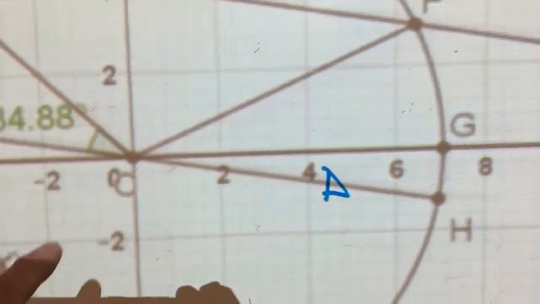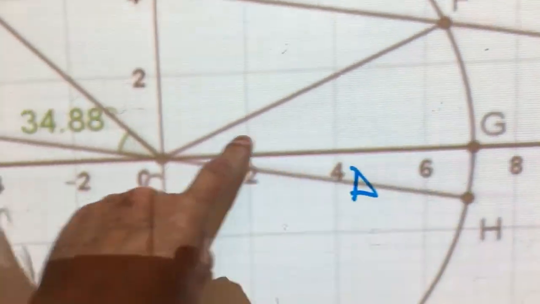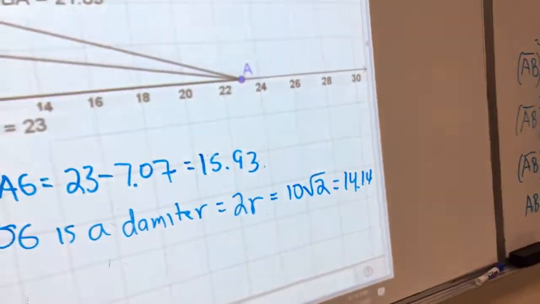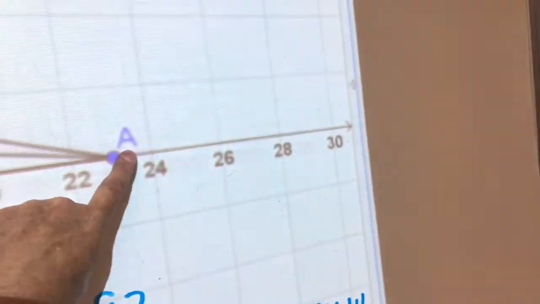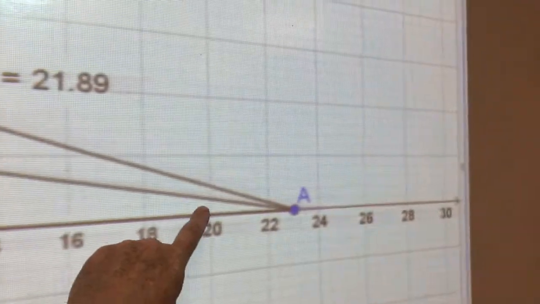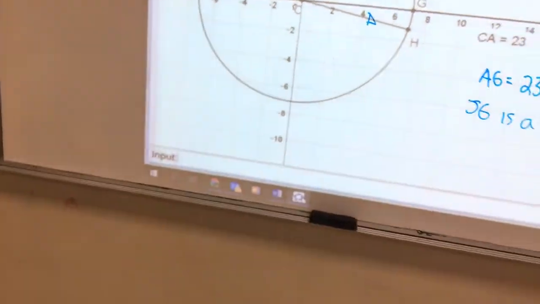Well, if the radius of the circle is 7.07, that makes this diameter 14.14. We already know that. So what is the length of this whole AJ? It's going to be AC plus a radius, okay?